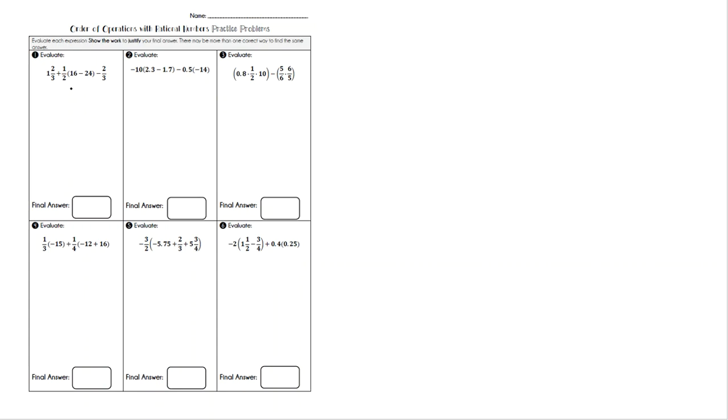Remember in math, anytime you have a number right next to a parenthesis, that is implied multiplication. Yesterday, we reviewed the order of operations. So remember, you always do parentheses first, then exponents, then all multiplications and divisions working left to right, whatever comes first in your problem.